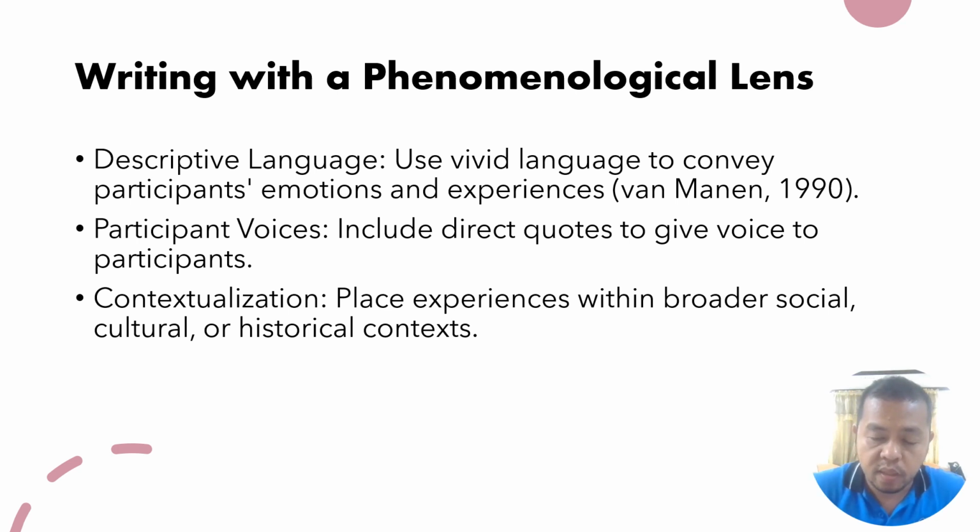Vivid language is language that describes emotions, described by your senses. You have to make sure that the emotions and the experiences of the people, the participants, are described in your write-up. And then another is ensure the participant voices.